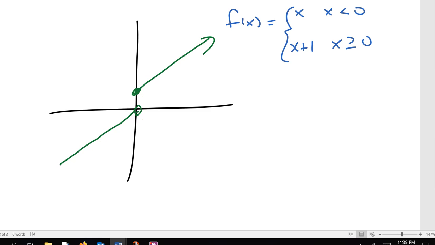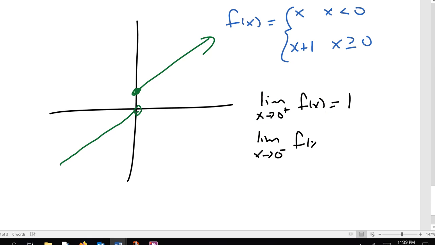Now, the limit as x approaches 0 from the right-hand side is going to equal 1. The limit from the left-hand side as x approaches 0 of our function is going to equal 0. Since those are different, the limit as x approaches 0 of f of x, of course, does not exist. So we have a discontinuity here.